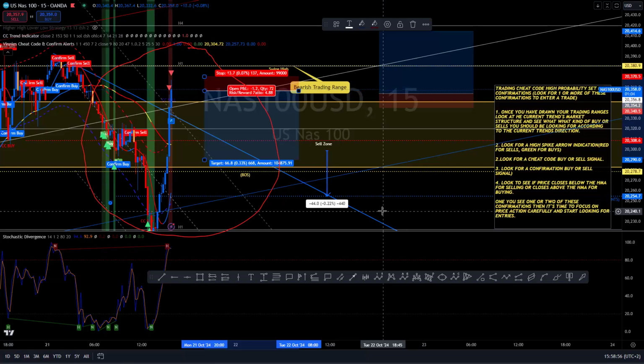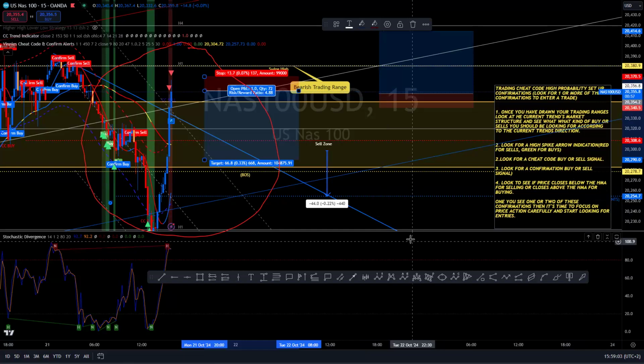So we have a little bit over a minute now before the 10 o'clock candle closes. So we have about 20 seconds now.